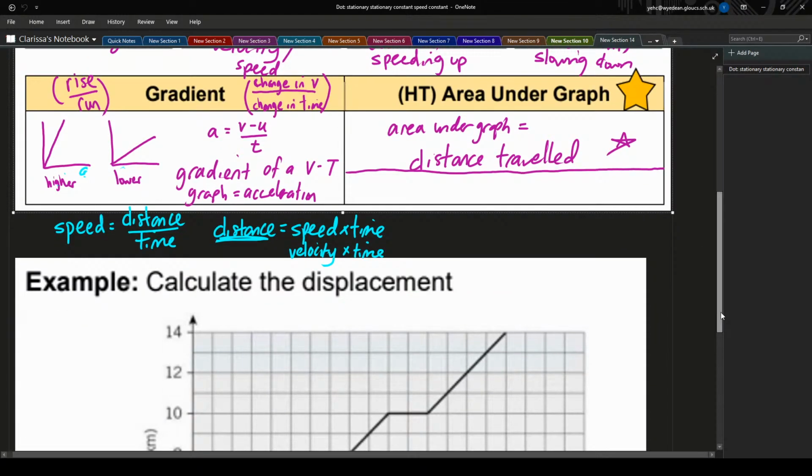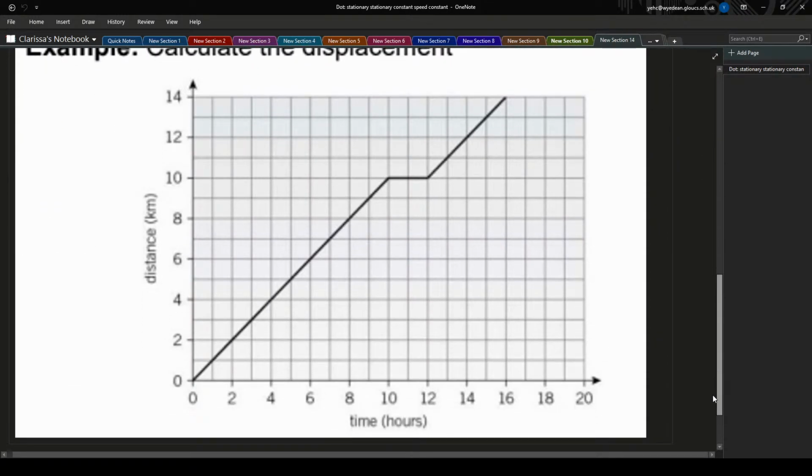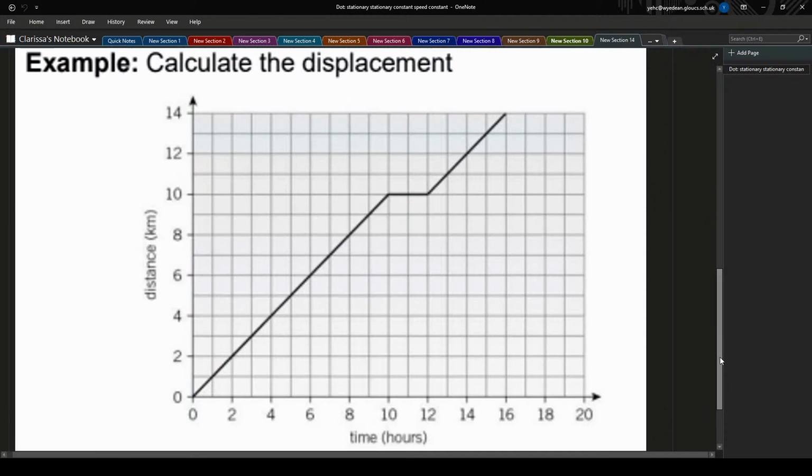Now let's do an example. Okay. So my example here is calculate the displacement. So basically calculate, oops, this should say, I want this to say velocity in meters per second. That was my bad.